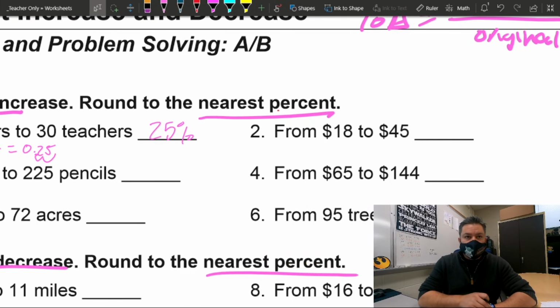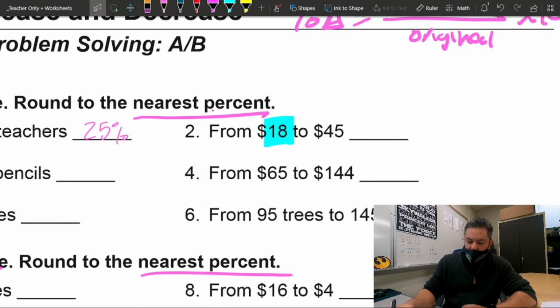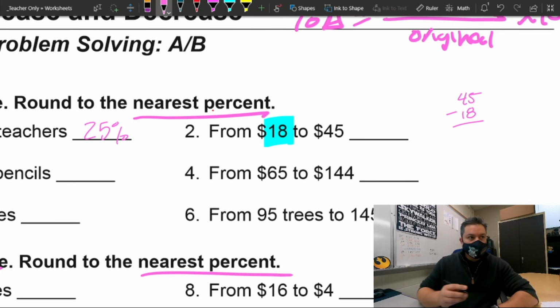From 18 to 45, which one is my original? 18. Keep that in mind. So I'm going to subtract 45 minus 18. What do I get? 45 minus 18. What do I get? 27? Yes.